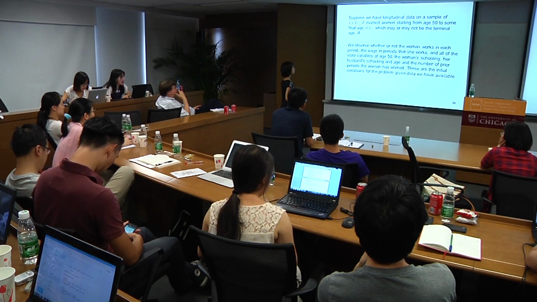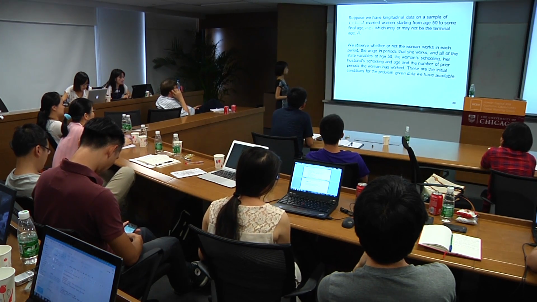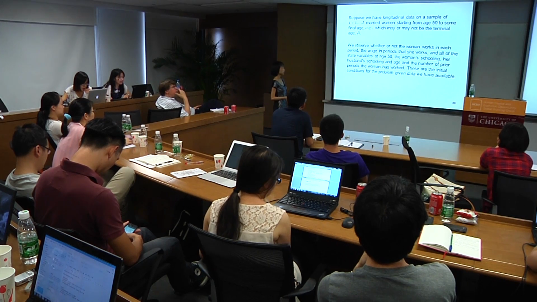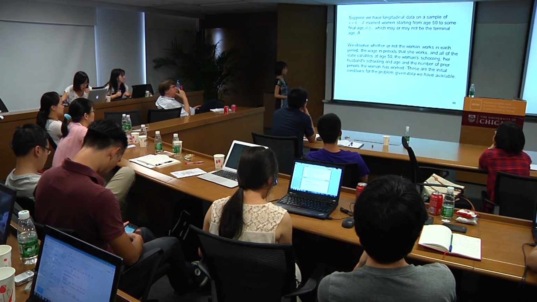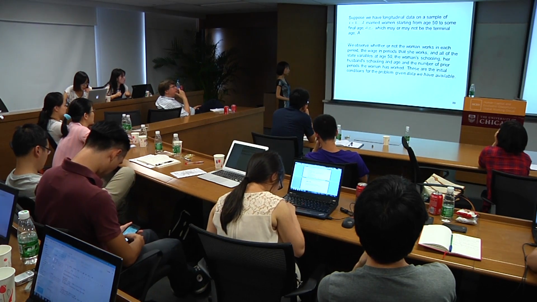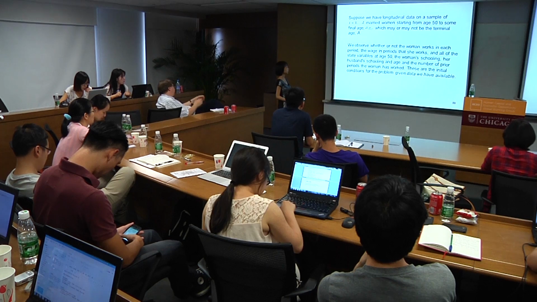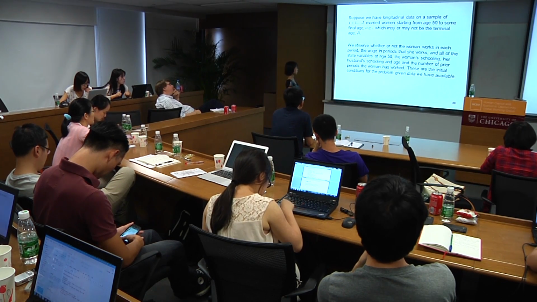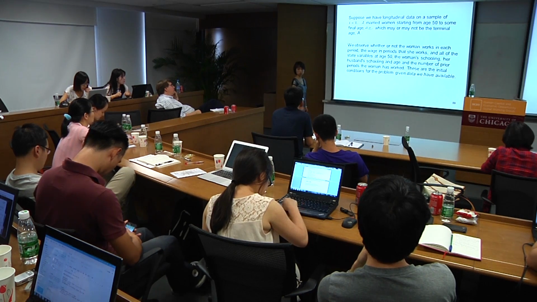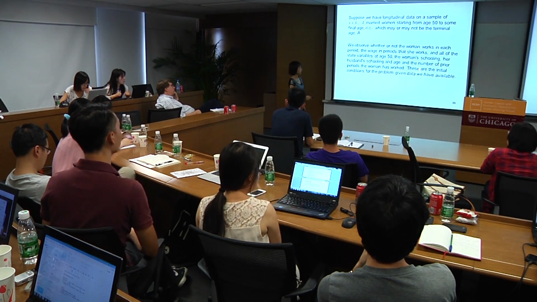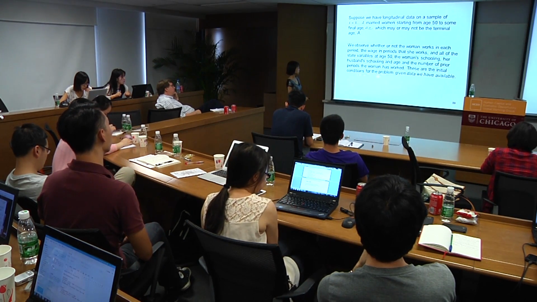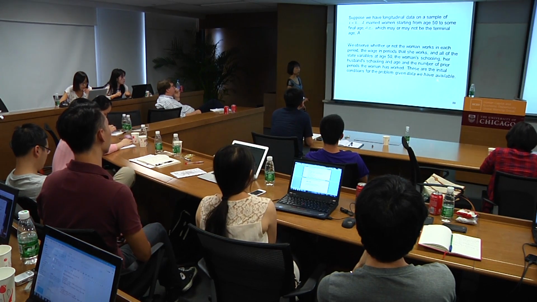We observe whether or not a woman works in each period, the wage in the periods that she works, and all the state variables at age 50: the woman's schooling, her husband's schooling, age, and the number of prior periods the woman has worked. Those are all the ingredients we need in the model. These are the initial conditions for the problem given the data available.